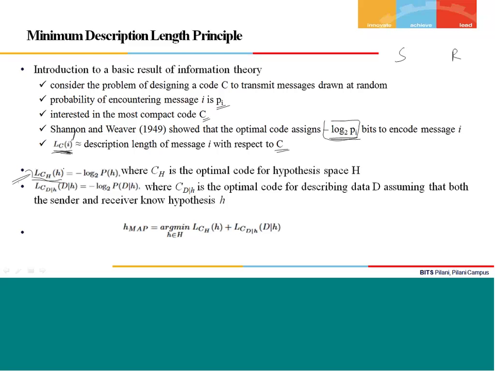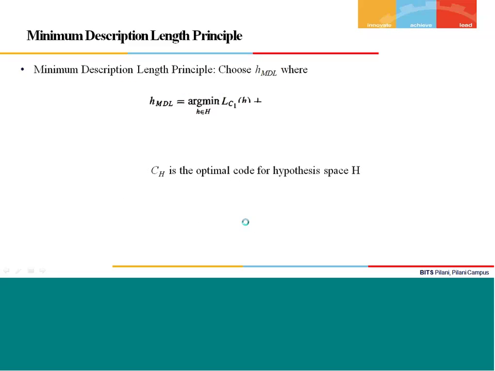And L_C2(D|h) is the optimal code for the data, where both the sender and receiver know the hypothesis. My h_MAP is nothing but the minimum of this length sum plus this length sum. Don't get confused, I will come with an example.